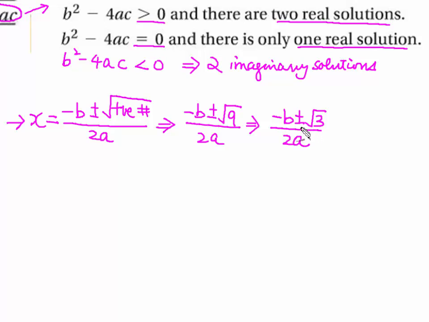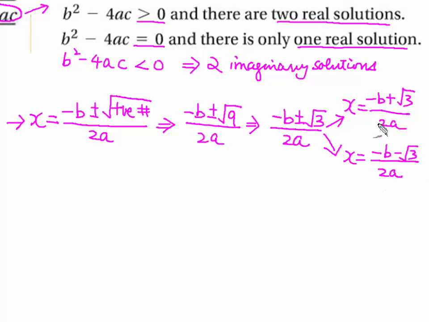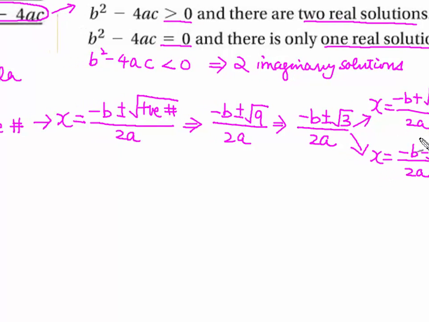And when you have this notation, you know you're going to have two solutions. So x is equal to negative b plus the square root of 3 over 2a, and x equal to negative b minus the square root of 3 over 2a. So that's why we call it two real solutions.